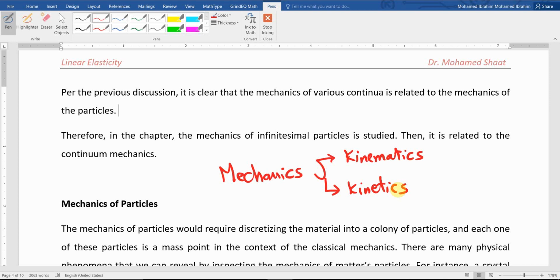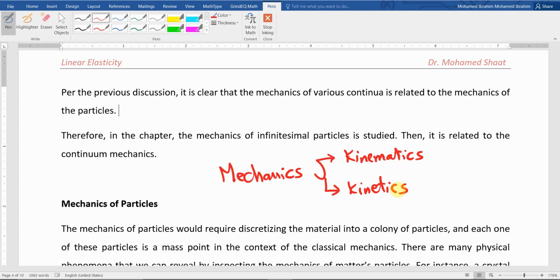So in classical mechanics, to study the kinematics, which is a branch of mechanics, we are interested in investigating how these particles are moving. But in the study of kinematics, we will not ask what is the reason behind moving the particle. We just study the motion. But to know the relation between the motion of the object and the forces acting on it, this is the kinetics.